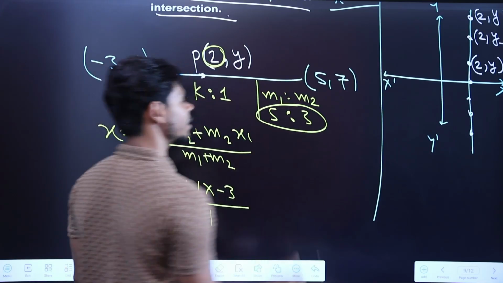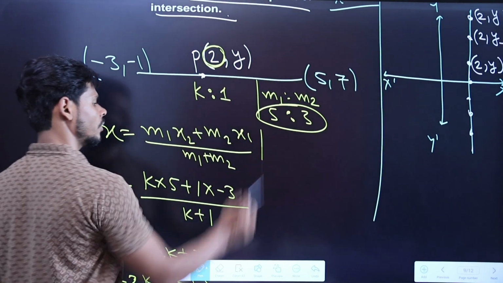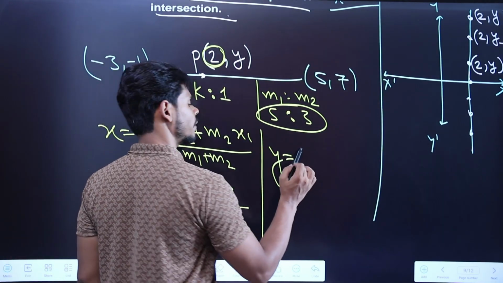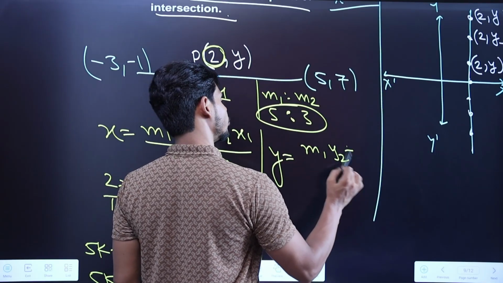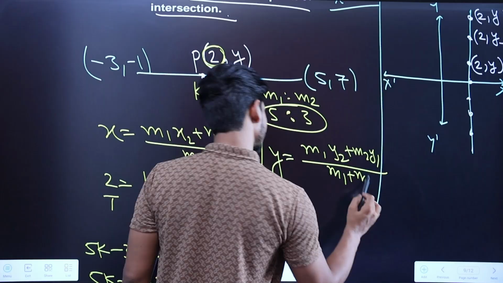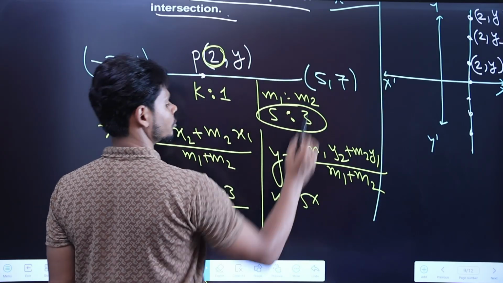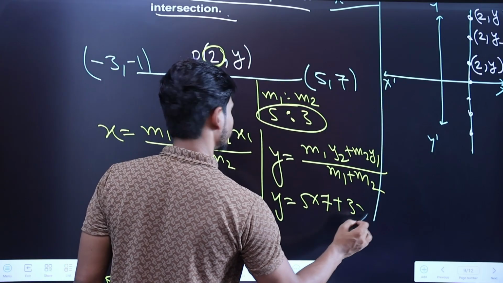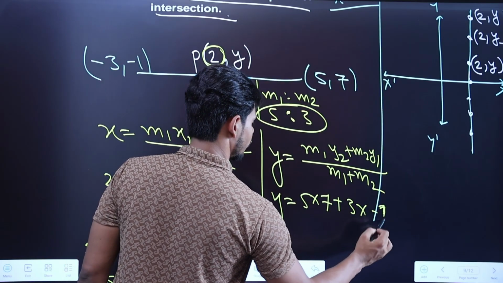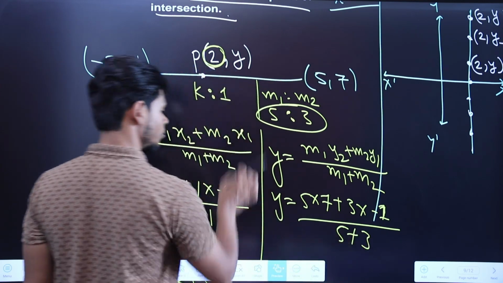Now because you know the ratio, you just need to substitute in the formula of y to get the value of y. So m1 y2 plus m2 y1 divided by m1 plus m2. So y is equal to m1 is 5 into y2 is 7, then plus m2 is 3 into y1 is minus 1, divided by m1 plus m2, 5 plus 3.